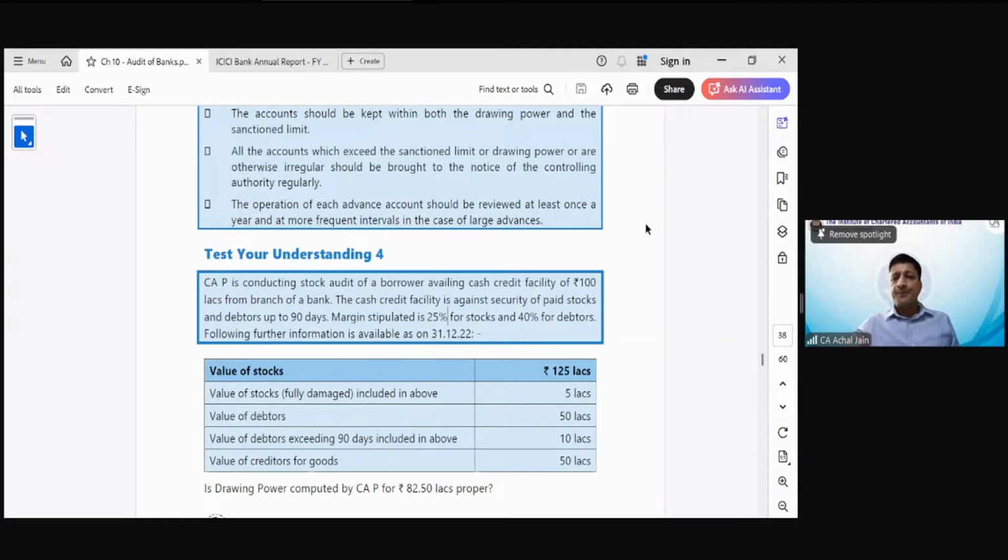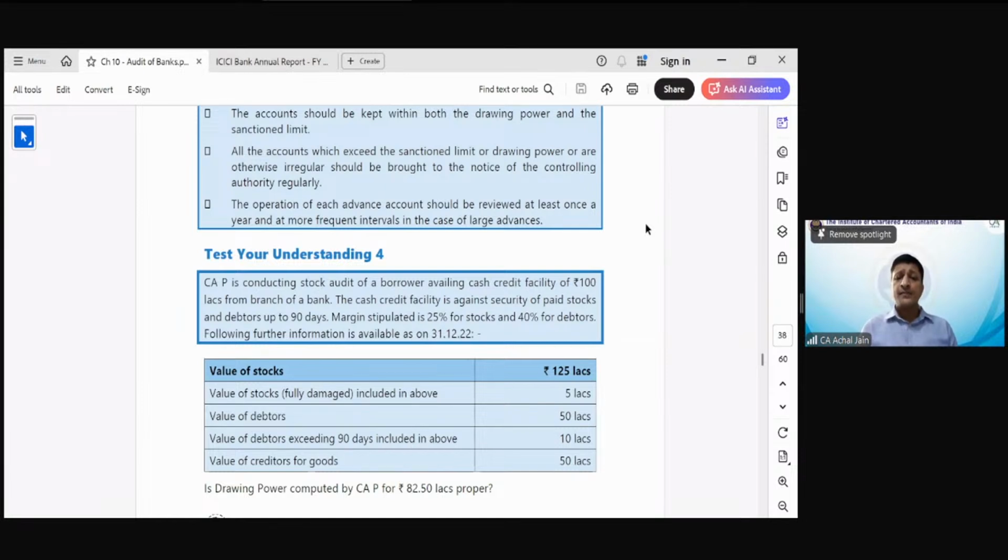Clear? Now, we are given information about this company as on 31st December 2022. The value of stock was 125 lakhs. In this 125 lakhs, 5 lakhs worth of stock is damaged. Then debtors were 50 lakhs and the debtors exceeding 90 days were 10 lakhs. Then creditors were 50 lakhs.